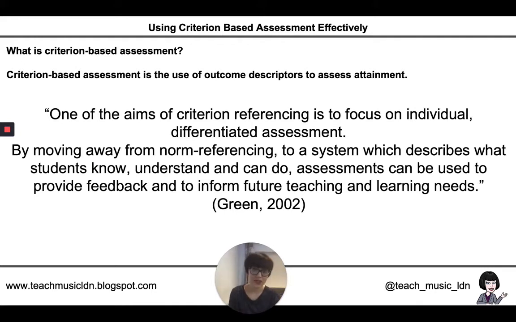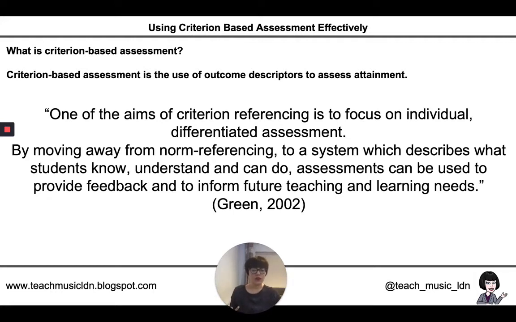With criterion-based referencing, the student is marked against specific criteria and it's very clear what they have to do in order to get a certain grade or what they have not done, which has stopped them from getting that specific grade. So the current GCSE and A-level exams are norm referenced, meaning the students are ranked against each other.